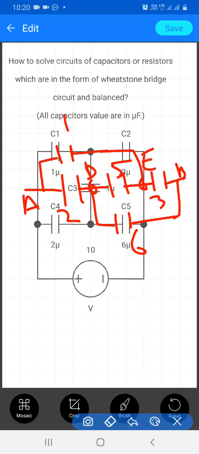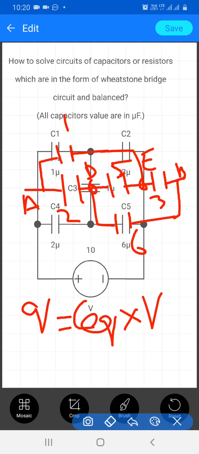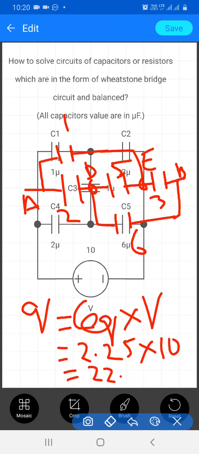So you can easily solve, and you can also find the equivalent capacitance as well as charge stored by battery or supplied by battery. Q is equal to C equivalent into V, using this formula. Here in the case we are getting 2.25 multiply 10, so 22.5 microcoulomb.